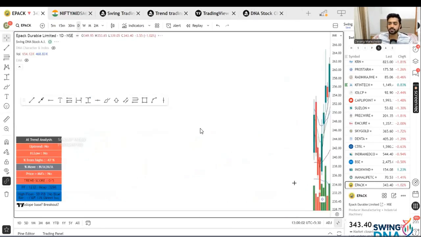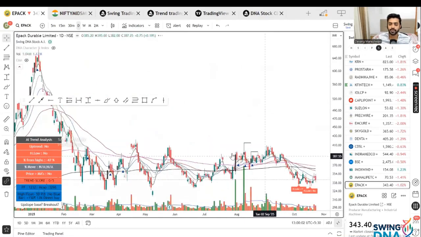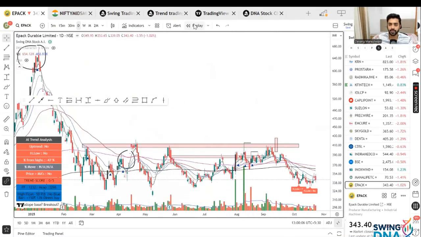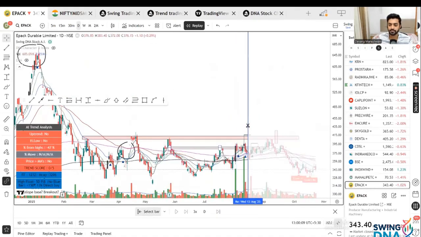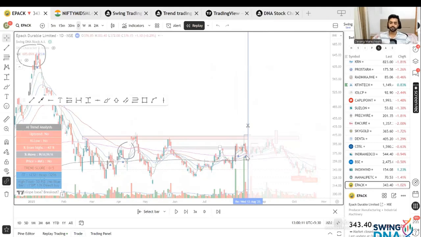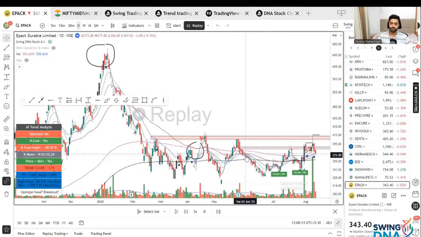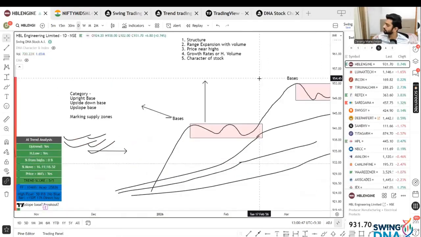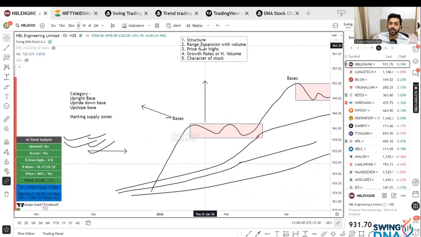Like look at this example, EPAC. It tried to move up here somewhere, very deep in this. Very deep up here. Yeah, plus uptrend also not there. Plus minus 38% down. So 38% down and no uptrend, both are problems. Price near high structure.